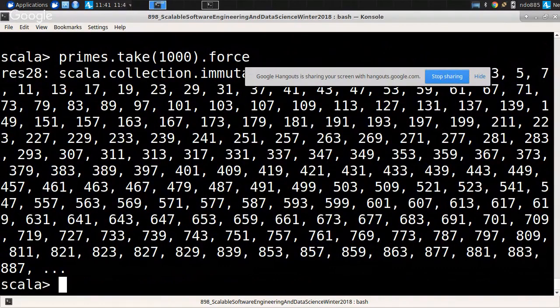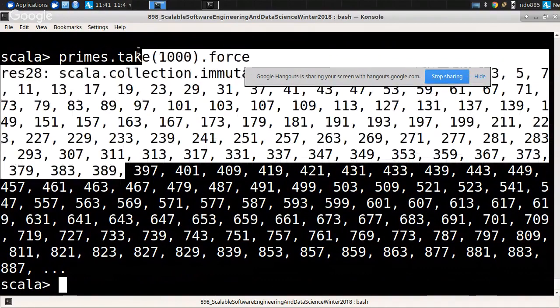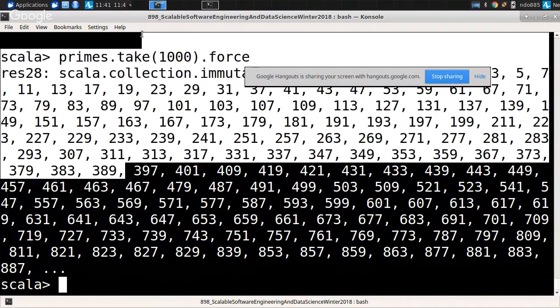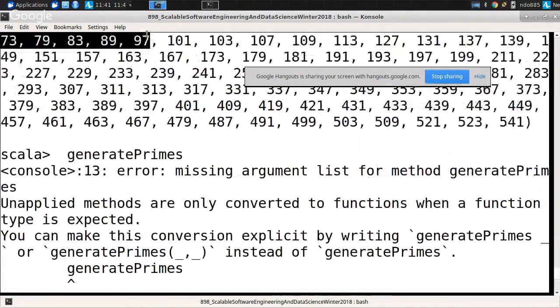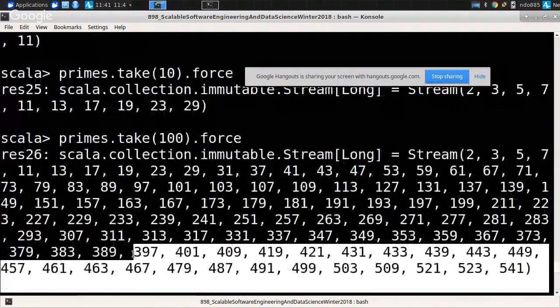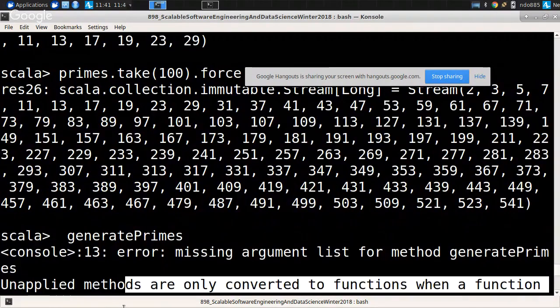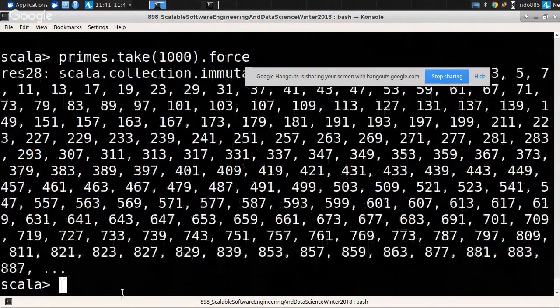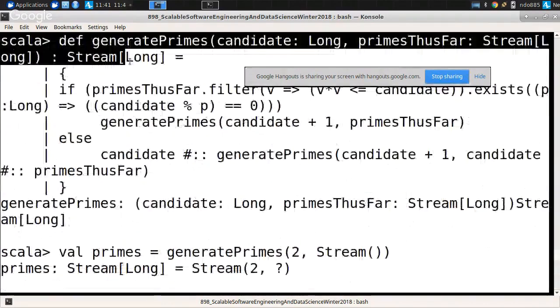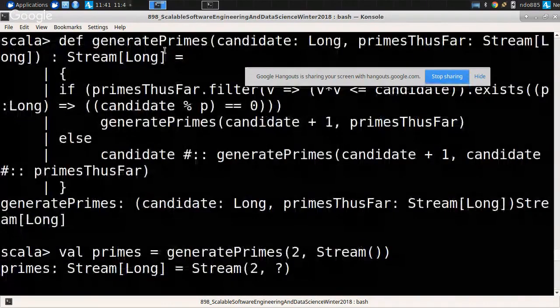but I'm just curious, is it ever the case that primes thus far will contain a prime that is too large if we're starting from 2 and working our way up? Good point. So we're starting with candidate being 2, right?